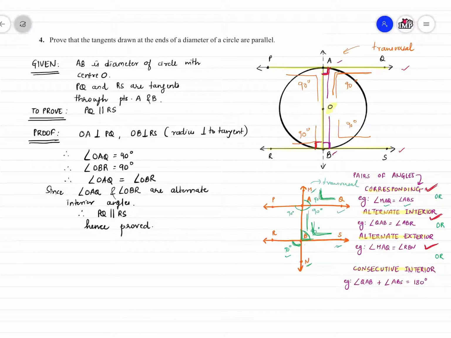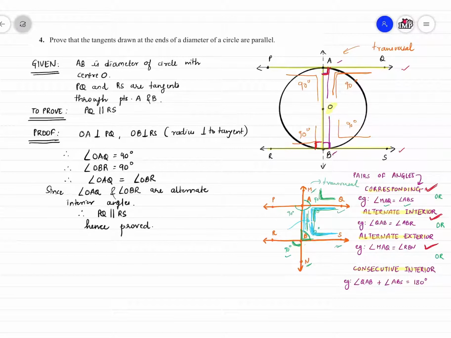Now the last one: if we can find a pair of consecutive interior angles which are supplementary to each other. Consecutive means side by side. Interior means interior to the transversal, so lying on the interior side of the transversal. Now our transversal is MN. So this angle MAB and ABS are lying in the interior of the transversal.